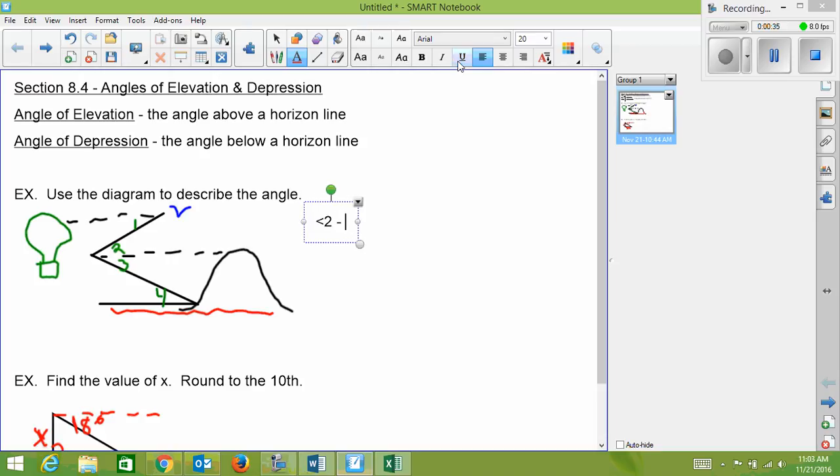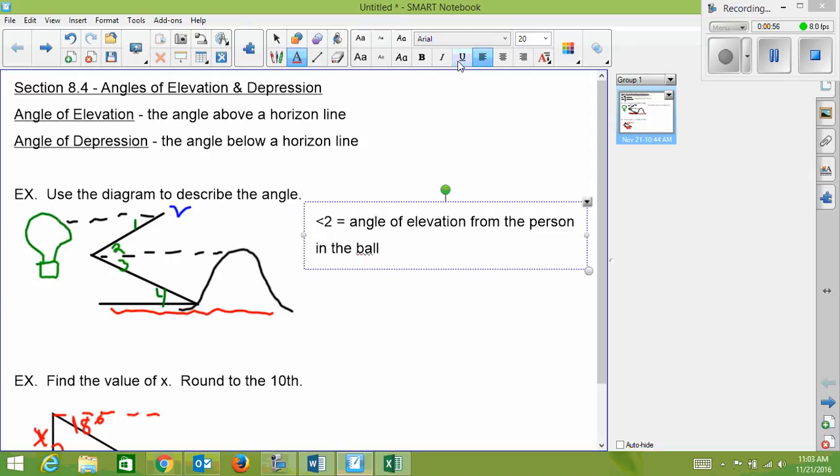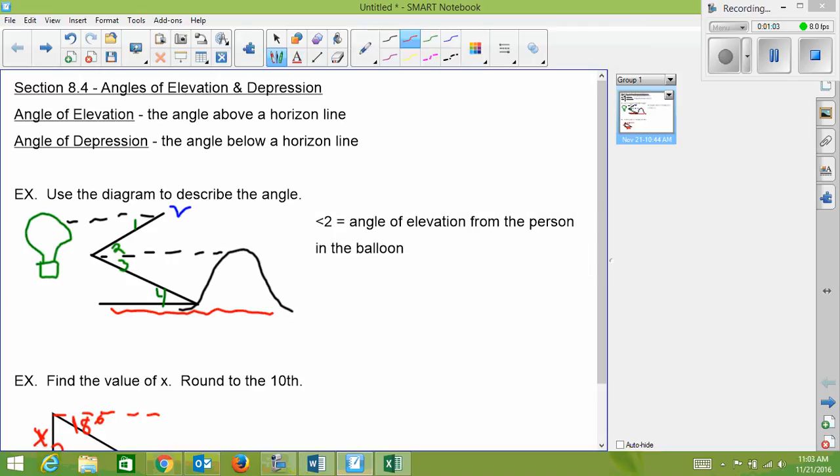What can we say about that? We can say that angle 2 is the angle of elevation from the person in the balloon, which I didn't draw because I didn't figure it would look very good, but just realize there's a person standing right in here, right at this spot.